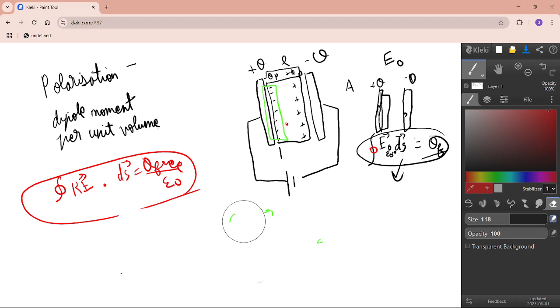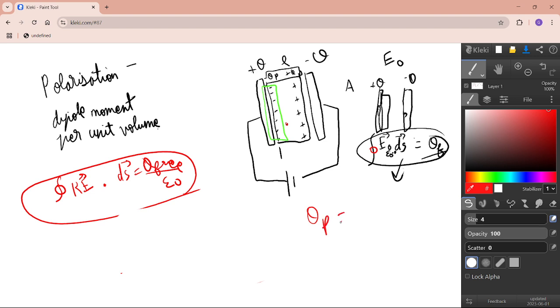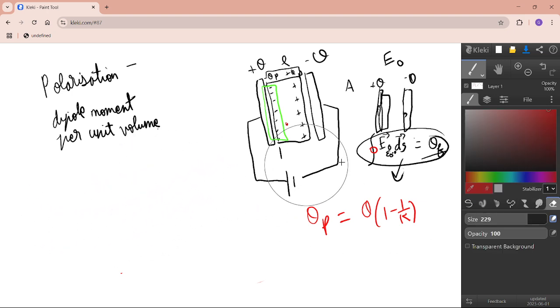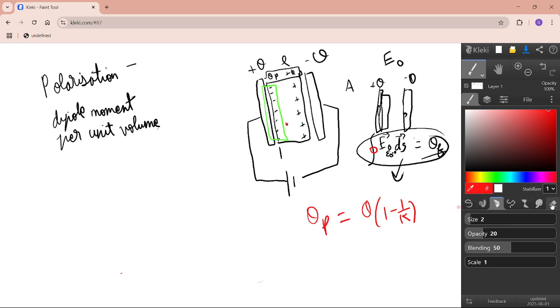And why do we have QP equal to Q(1 minus 1 by K)? To know the derivation, let me derive that, because we are deriving a lot of things. So let's go with the flow. How to derive this?